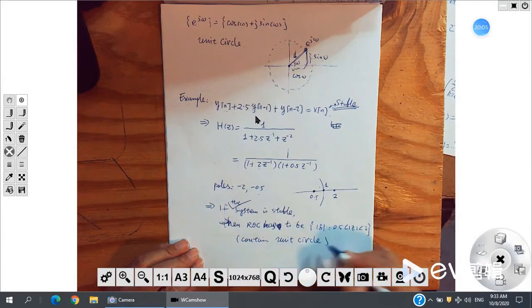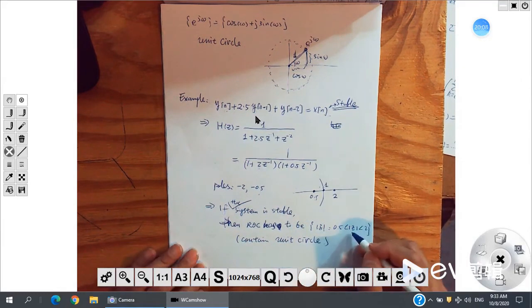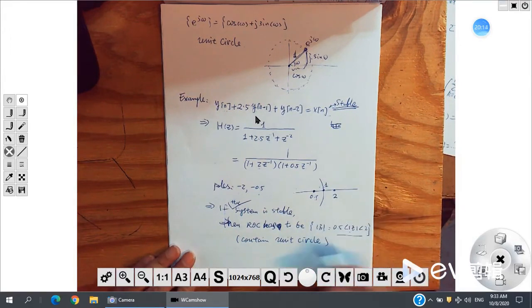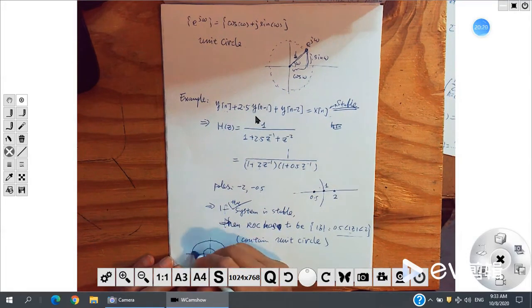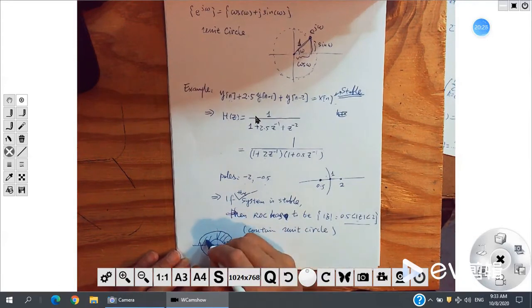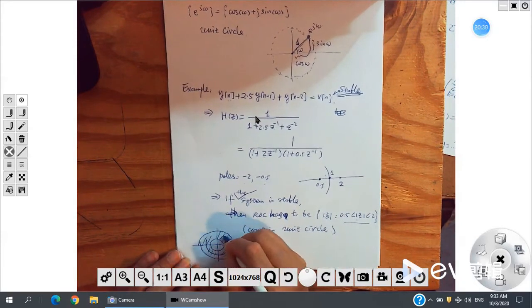The unit circle is where the absolute value of z is 1. It is here, right? So it is this one. If you draw the whole graph of the ROC, here's 0.5, here's 2, and between them is the ROC, and the unit circle is here, where this is 1.